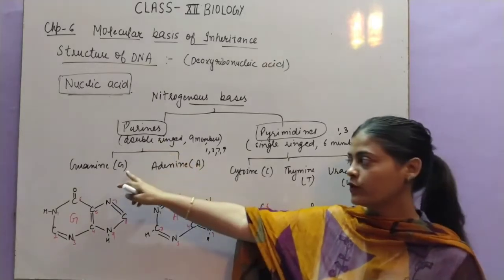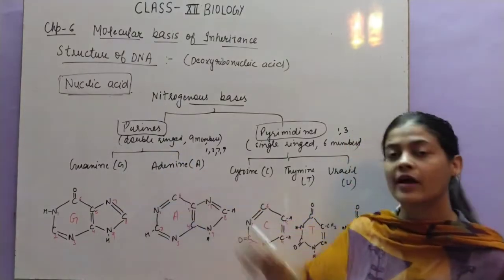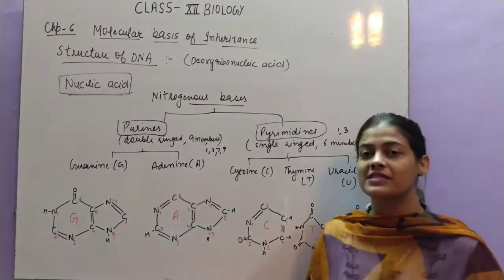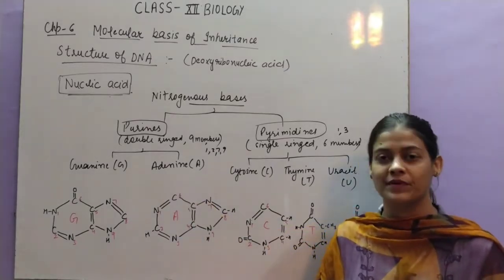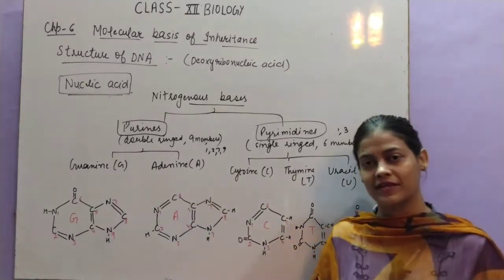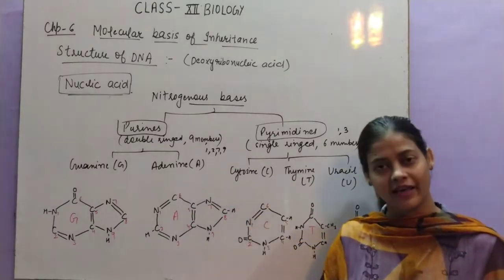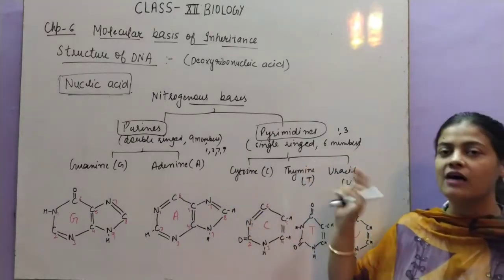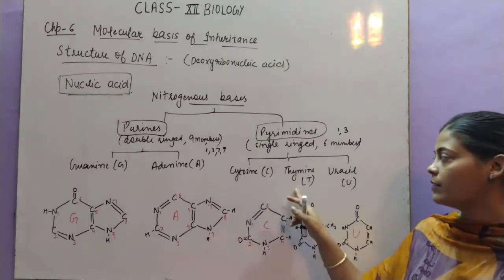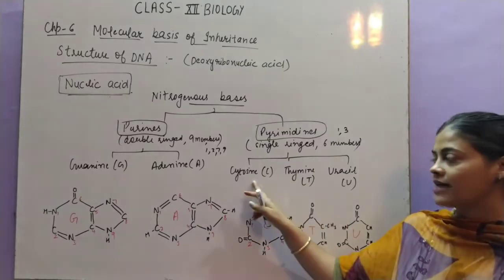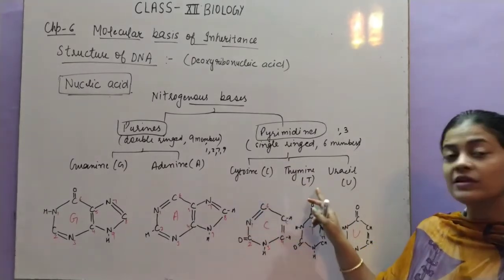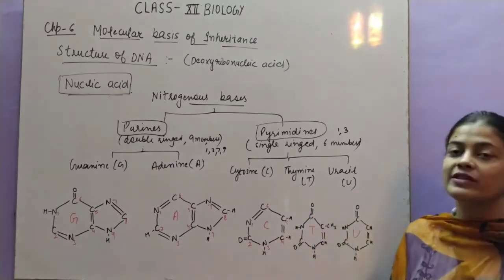So purines are of two types, guanine and adenine. They are represented by their first capital letter, guanine with capital G, adenine with capital A. And pyrimidines are of three types, cytosine, thymine and uracil. Cytosine with capital C, thymine with capital T and uracil with capital U.